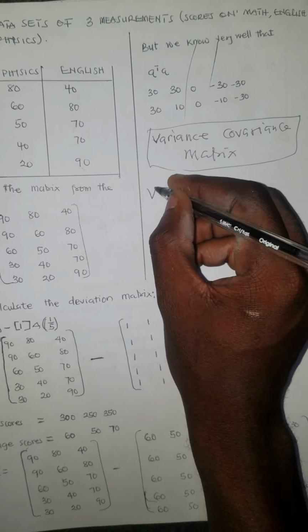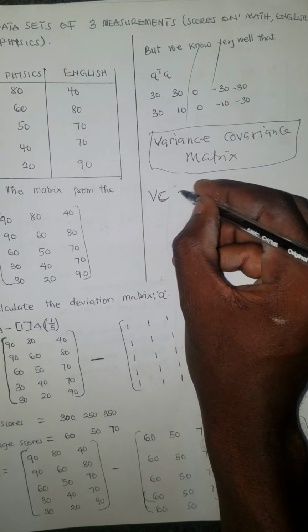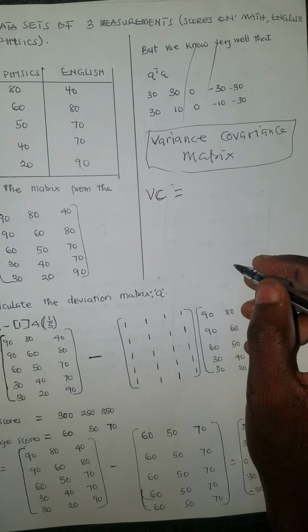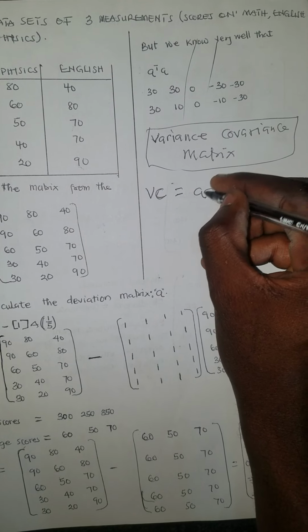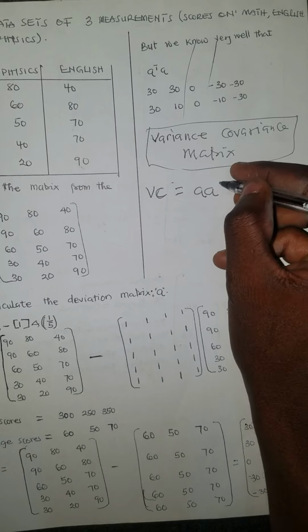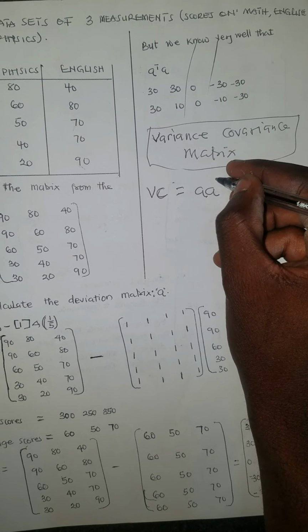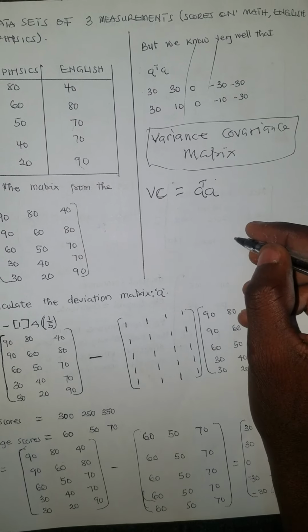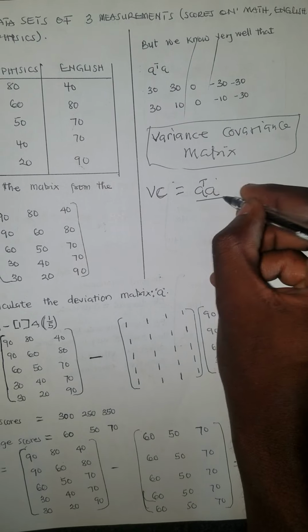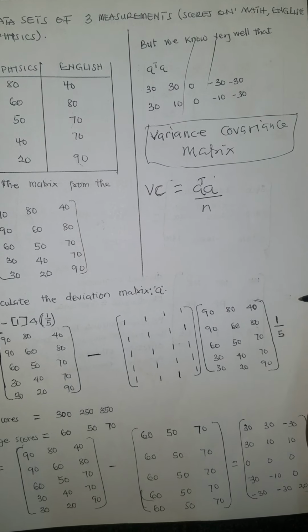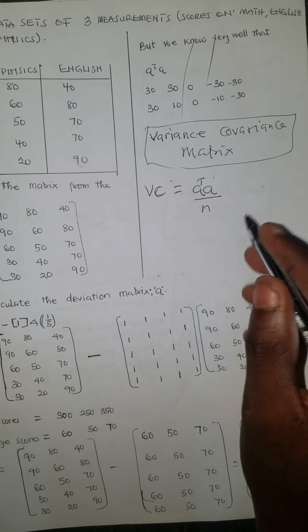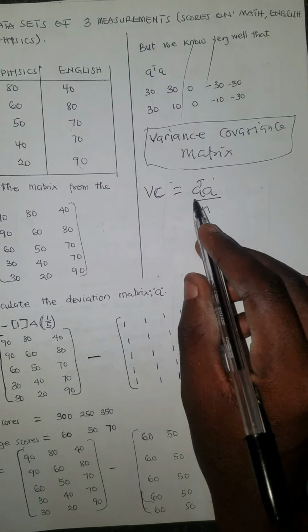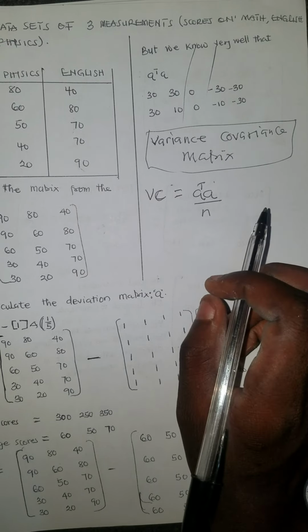We said to get the variance covariance matrix, this is what we are looking for. The variance covariance matrix, I've named it VC, is equal to the deviation sum of squares matrix divided by n. This is it. And so the first thing we want to look at is how to get the deviation matrix.